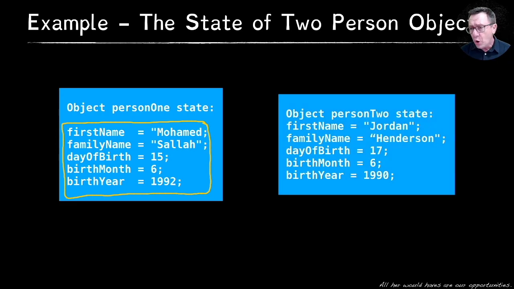And object person 2, their state is defined by the same things. Those values in those variables define the state of the object.